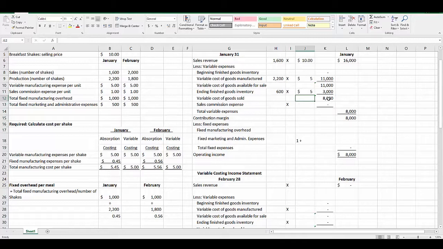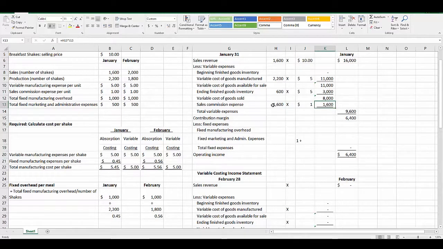So that's the manufacturing side. Then the other variable cost you have here is sales commissions. The sales commissions are based on an amount per unit. So we sold 1,600 units, and the sales commission is $1 per unit.